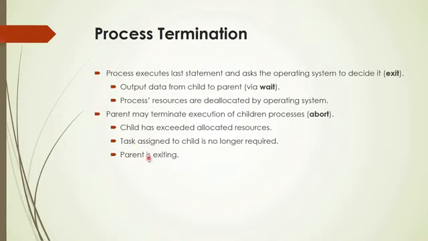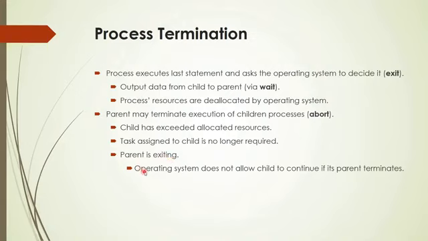Or there is a third reason for termination of the child process: the parent is exiting. If the parent exits, the child cannot continue. So whatever be the condition, if the parent exits, the child has to terminate.